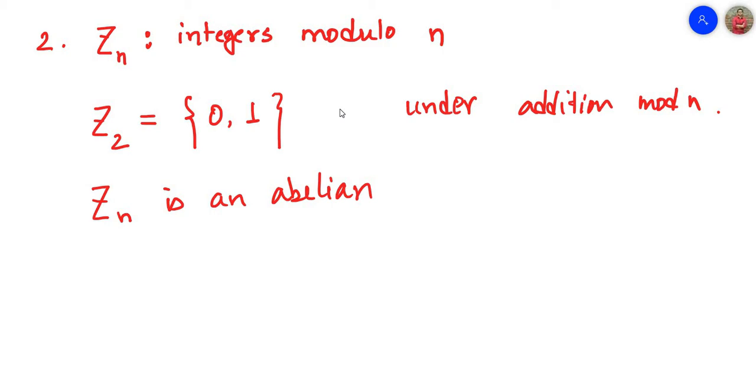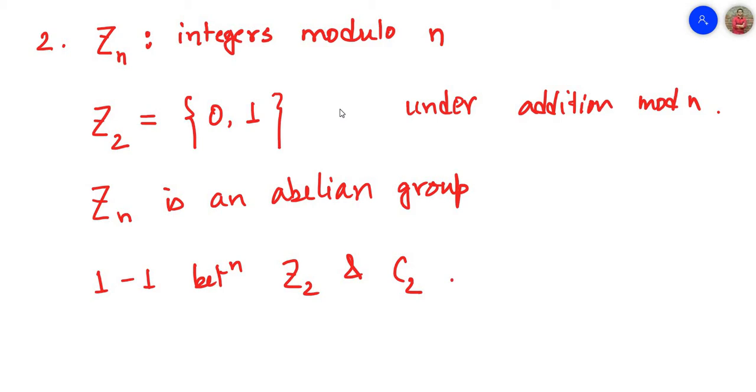and most importantly, we notice the similarity between the previous example and Z2. To be precise, we can form a one-to-one correspondence between Z2 and C2.